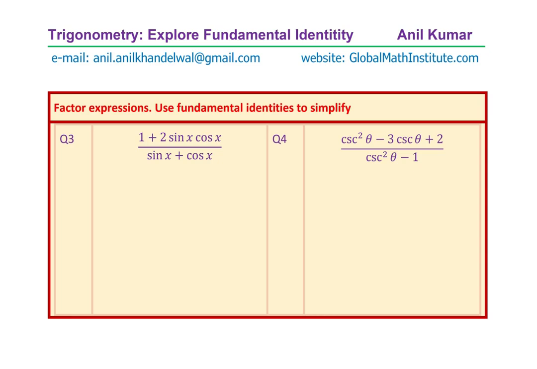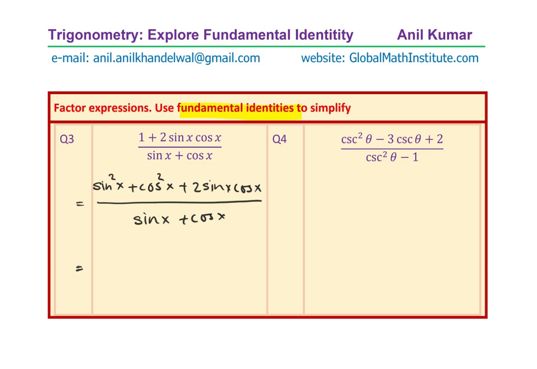Now, here, you could use the fundamental identity: sin square x plus cos square x is 1. See, then it becomes very simple. Let me show you. For 1, I would write this as sin square x plus cos square x, and we already have 2 sin x cos x. Denominator is sin x plus cos x, right?